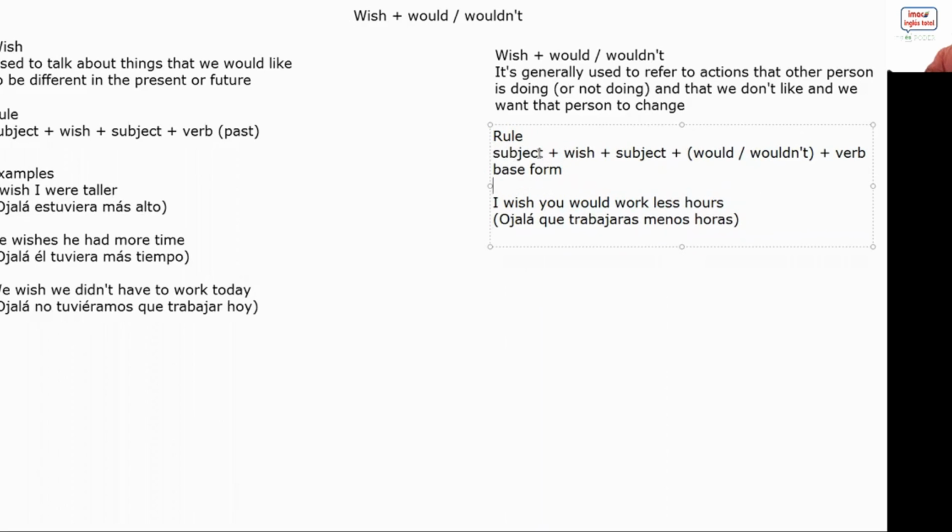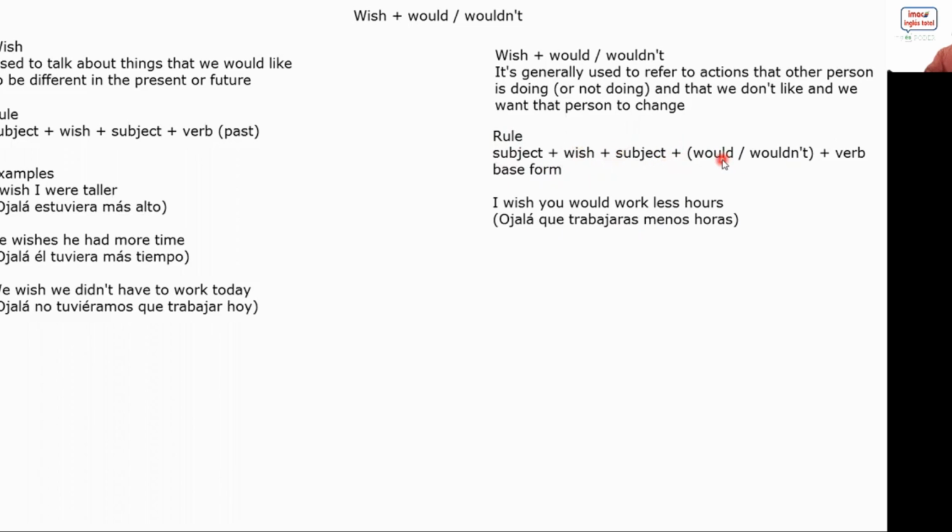Of course, we begin our idea or sentence with a subject. Most of the time we talk about I, or we use I. Then, of course, the verb wish. Then the subject, the person that is doing the action or not doing the action that we don't like.